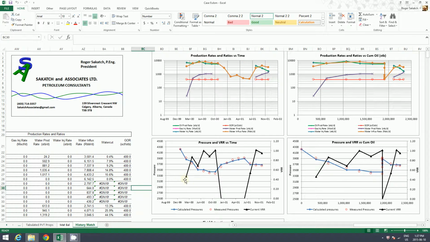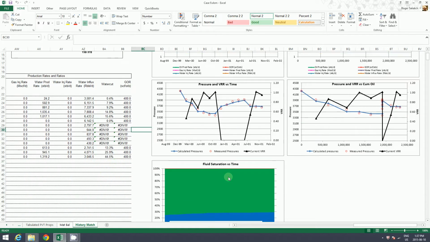So in this particular example, we are seeing voidage replacement ratios which are approaching that one value. And that's simply due to the fact that we do have these water influx rates that are occurring. By the way, these plots over on the right-hand side here are the same data, but just presented relative to cumulative oil volumes rather than time itself.